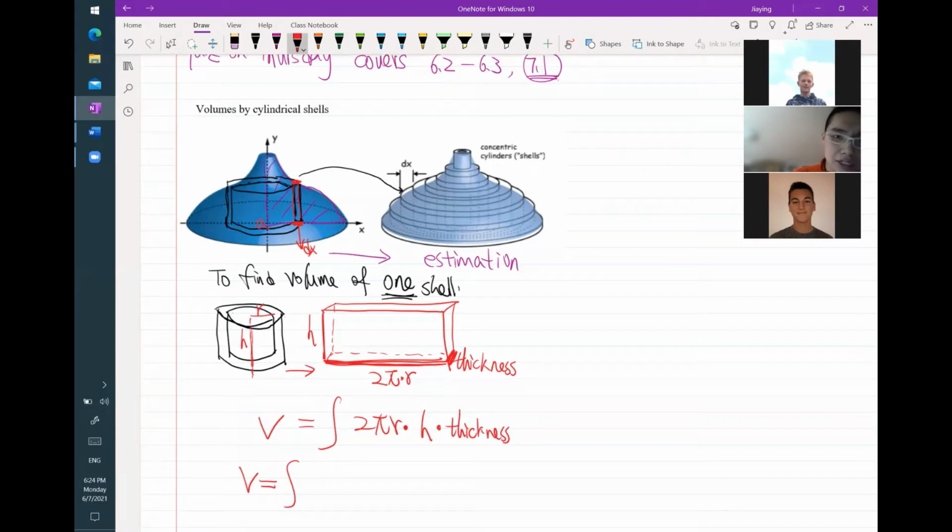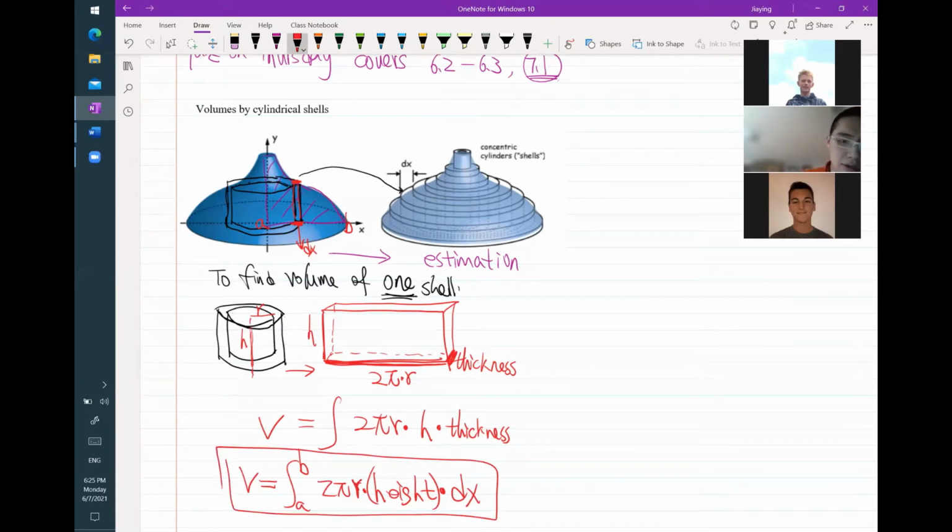Let's call this A, this B. So from A to B of 2 pi r, that will give you the circumference of one cylinder, so that's the length of the rectangular prism when you open it up, times the height, which is the same height as the height of the cylinder, also the height of the rectangular prism. So times the height, and then times the thickness. The thickness here is just dx. r is the radius. So that's the formula to get the volume. Does that sort of make sense?